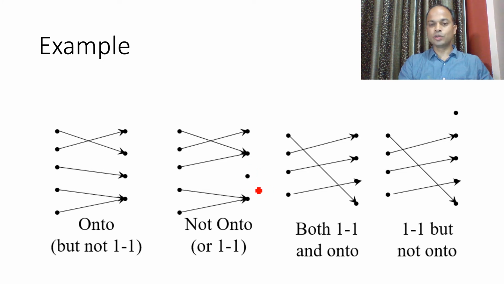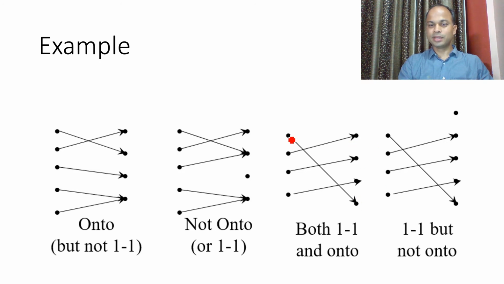This element is not used for the mapping purpose. Therefore, this is not the case of an onto function. And similarly here, in this particular example, all four elements are mapped. Therefore, this is onto.